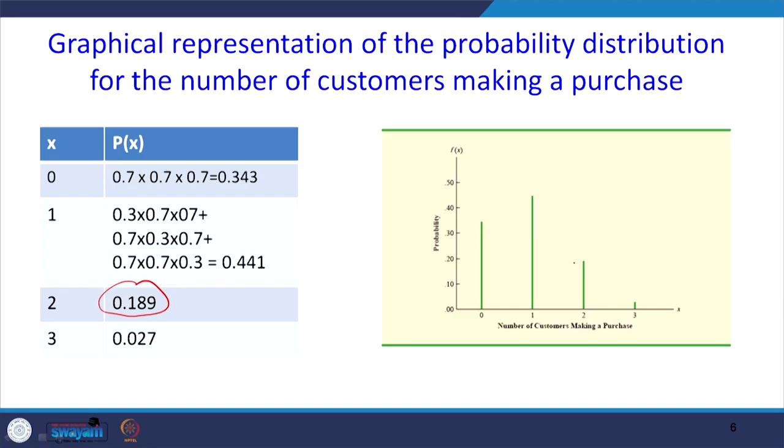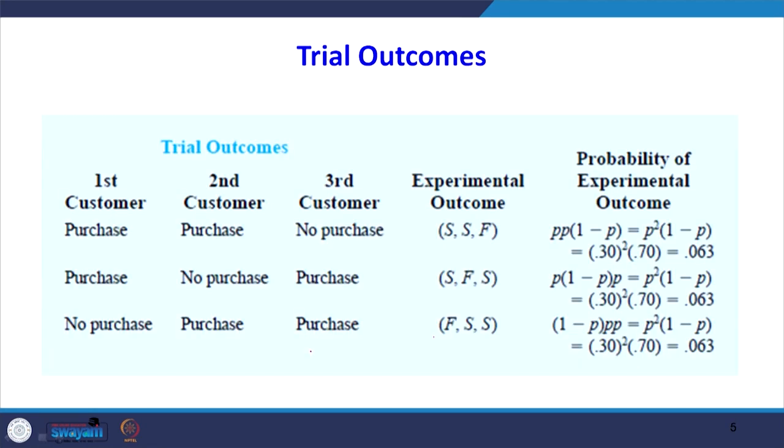So this we can do manually, but it will take a lot of time. With the help of the binomial distribution, you can get all these possibilities this way: P of capital X equals nCx p power x q power n minus x, where n equals 3, here x equals 2, p is the probability of success, q equals probability of failure.